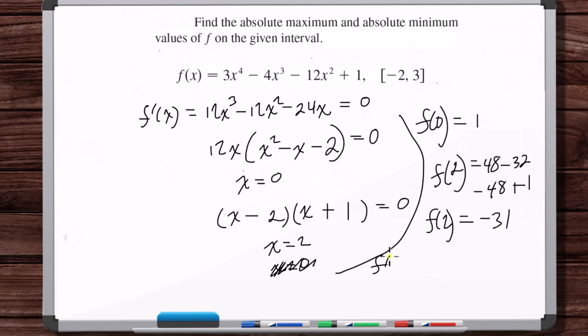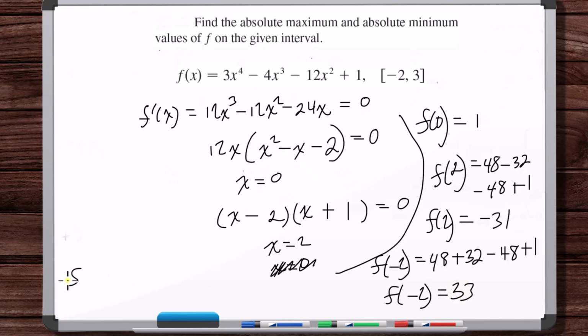All right, f of minus 2 is equal to 48, but now minus 2 cubed is minus 8, minus 4 times minus 8 is plus 32, minus 48 plus 1. So f of minus 2 is equal to 33.